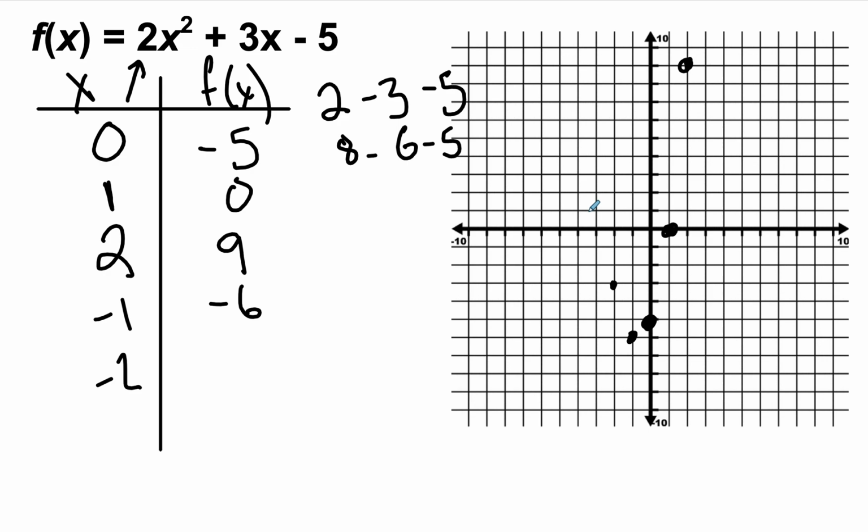So let's take a quick look. So I did negative 1. So not easy stuff. Let's see what else I get.